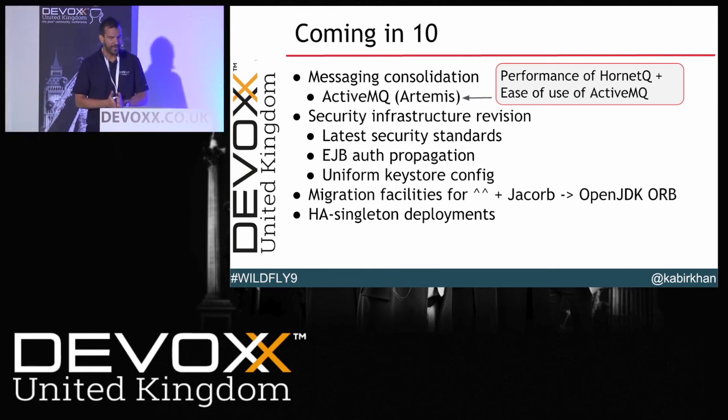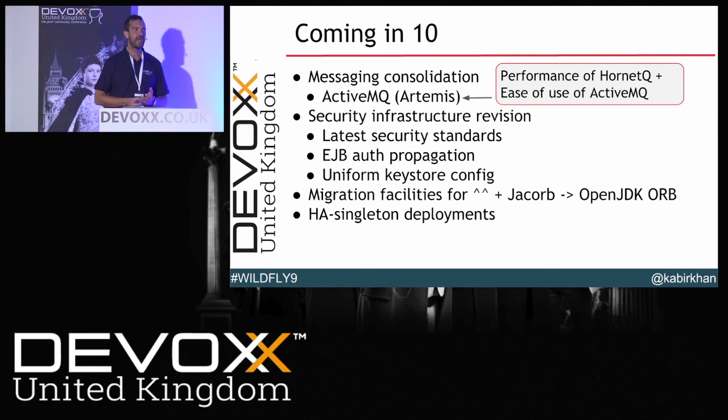Then another thing coming up, which customers have asked for, is HA singleton deployments. This means if you have a cluster of servers and you deploy a deployment into this cluster, so there's one copy of the deployment on each server, only one of them will actually run this deployment and be the active node.